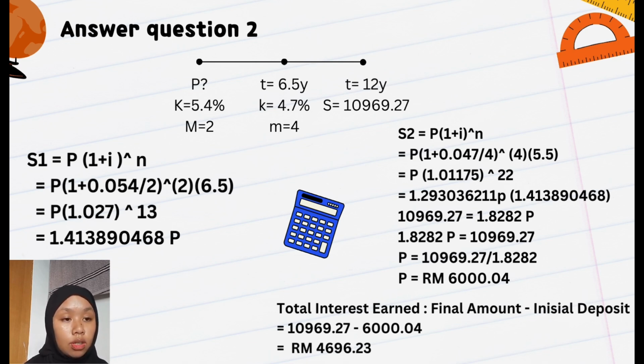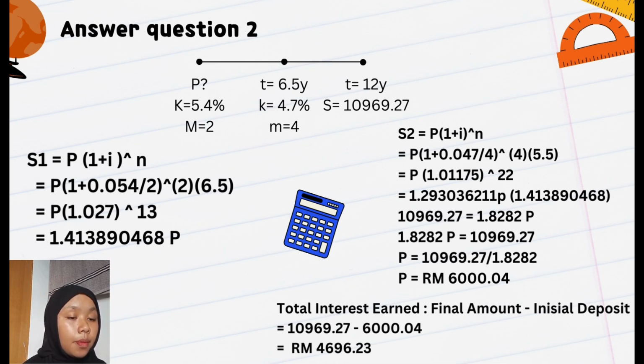Next we calculate the accumulated amount for the 12 years, but it's already given. So we calculate the deposit for the 12 years. We use the same formula, S equals P in brackets 1 plus i to the power of n. So we enter all the information in this formula.